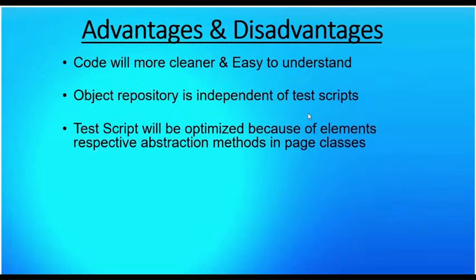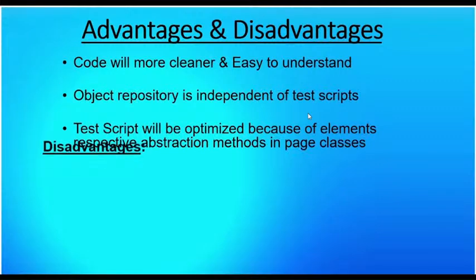Then the third advantage is that test scripts will be optimized, because we will have the page abstraction methods implemented in the page classes, so that with fewer keystrokes we can create our test script.